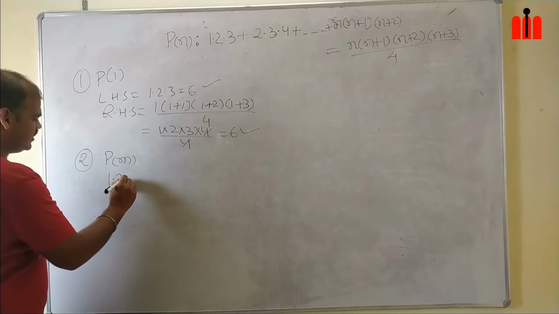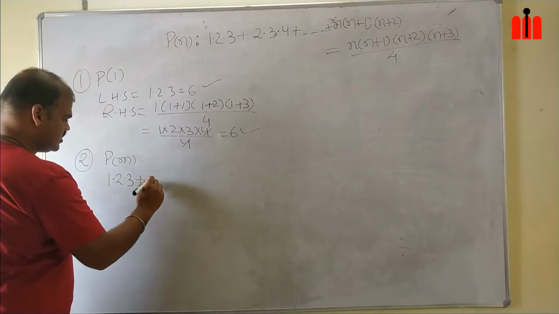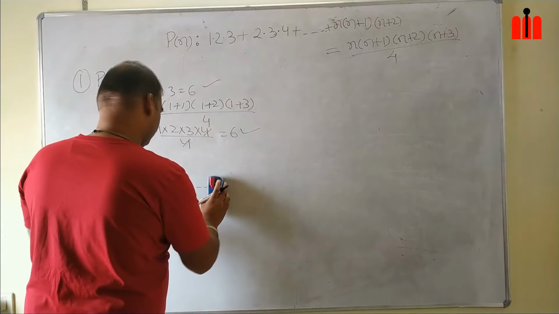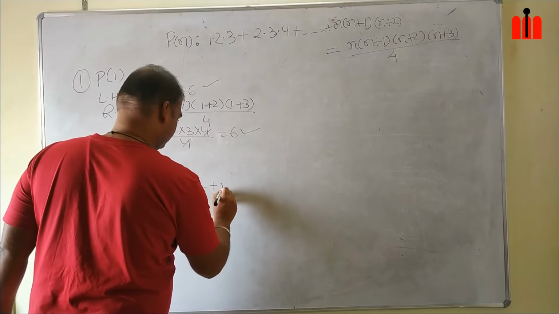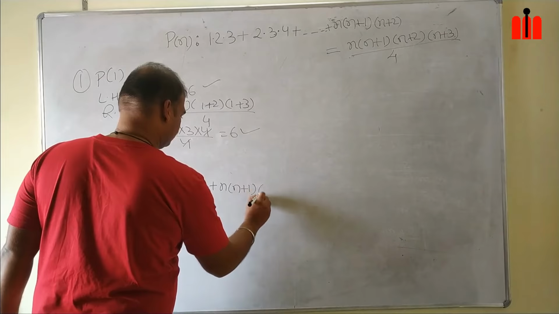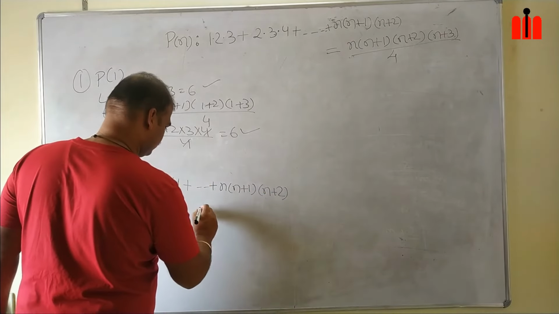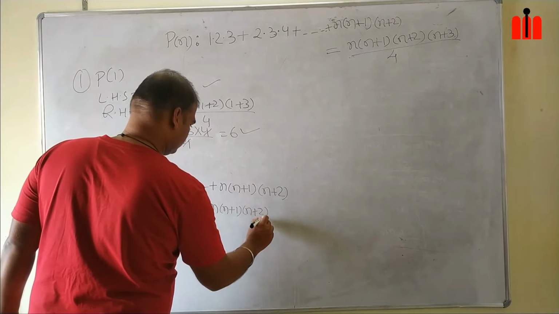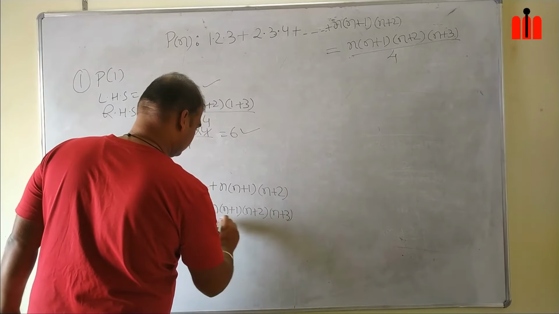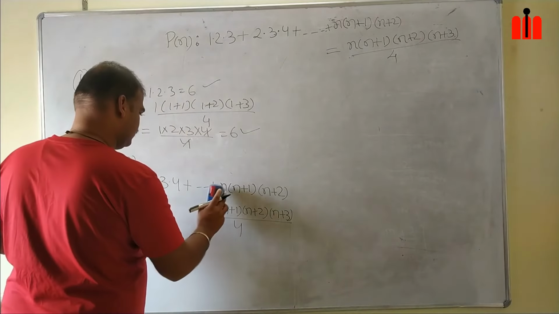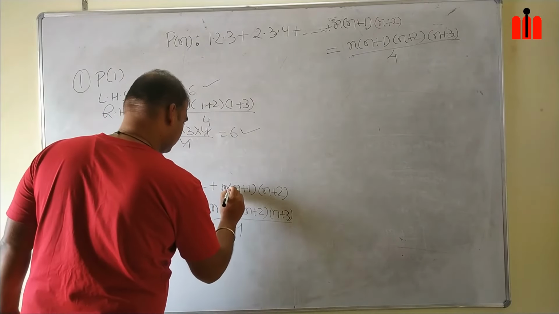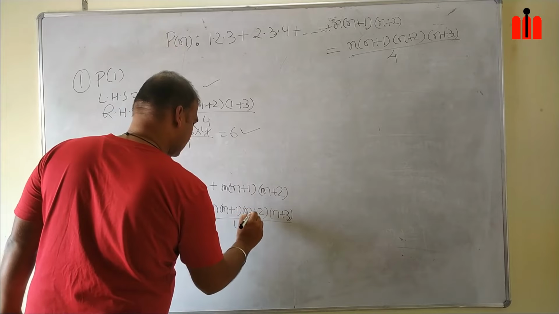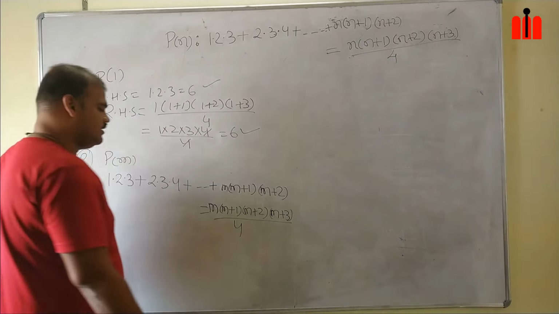The PM concrete statement from this assumption is, so these all are M. So M, M plus 1, M plus 2, M plus 3 by 4.